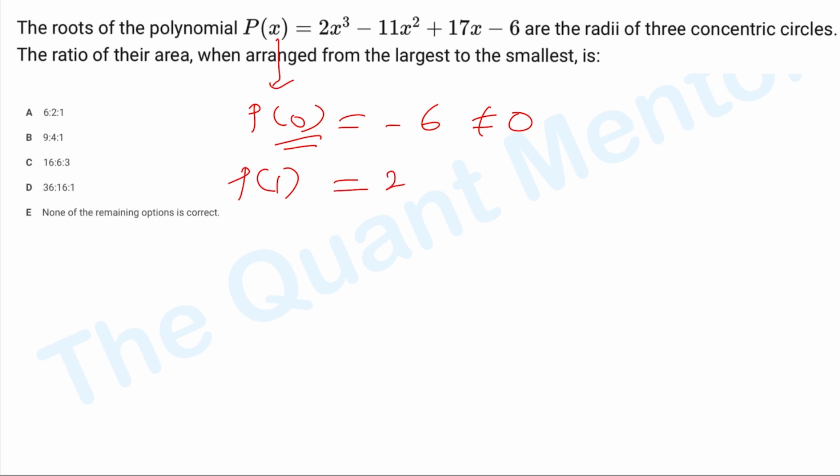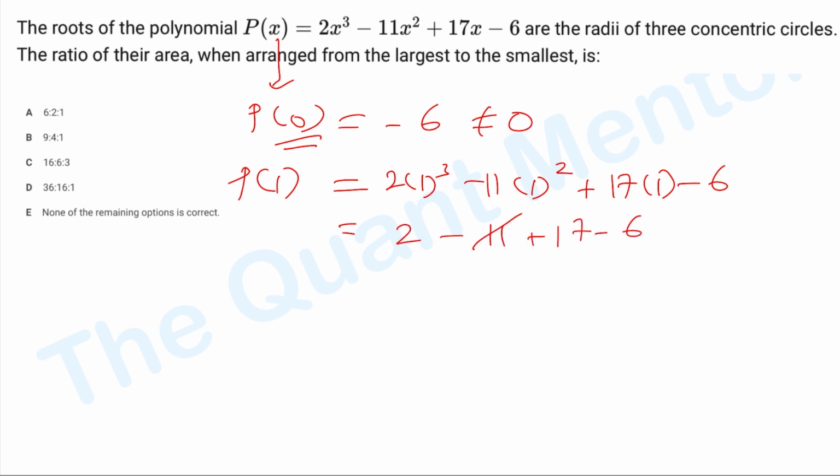So p of 1 will be 2 into 1 cube minus 11 into 1 square plus 17 into 1 minus 6. This is 2 minus 11 plus 17 minus 6. This makes it 2, and it is again not equal to 0. That means x is equal to 1 is also not a root of the polynomial.